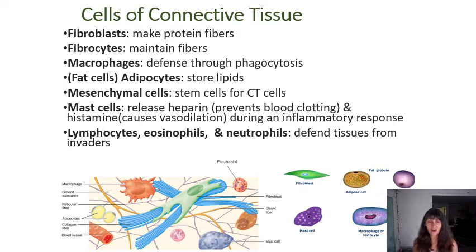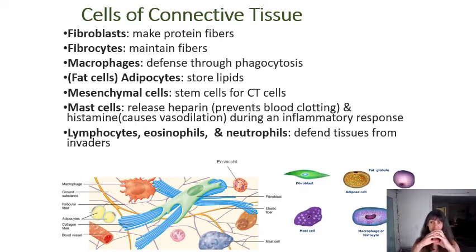Mesenchymal cells are stem cells that will help more connective tissue cells be produced. Mast cells are special cells that release different chemicals. Mast cells will release heparin, which prevents blood clotting, and histamine, which causes vasodilation.